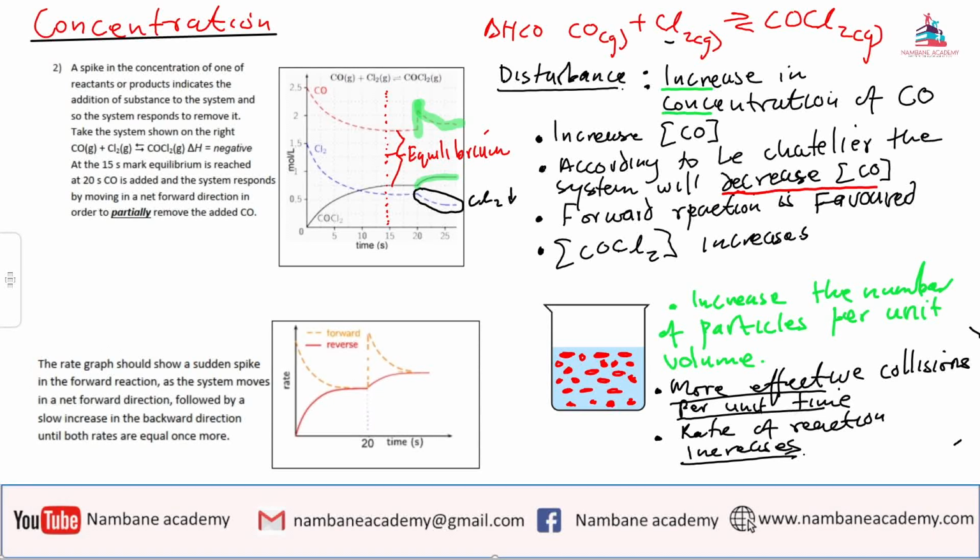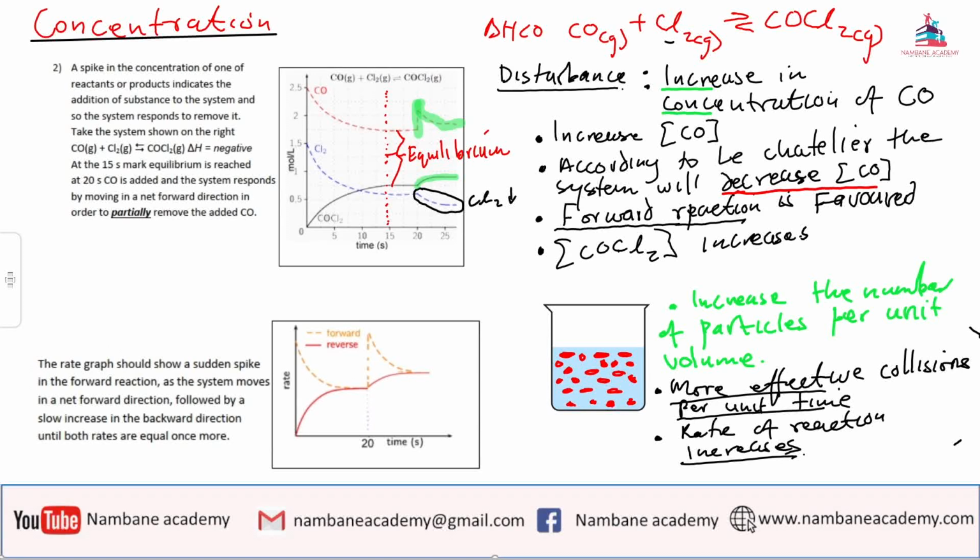It basically says now, the forward reaction is favored. Yes, we said the system is in a dynamic equilibrium. But the fact that now the forward reaction is favored, it basically means the forward reaction will have a higher rate of reaction.